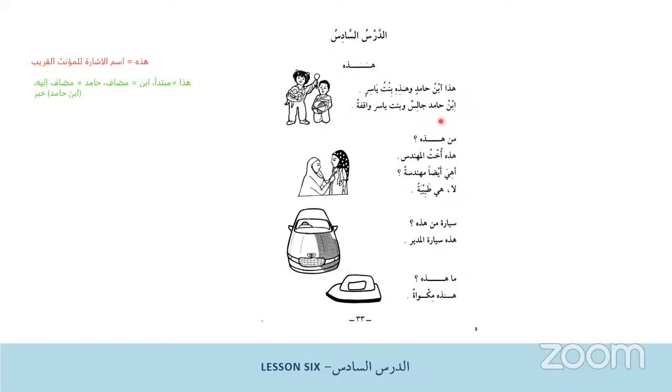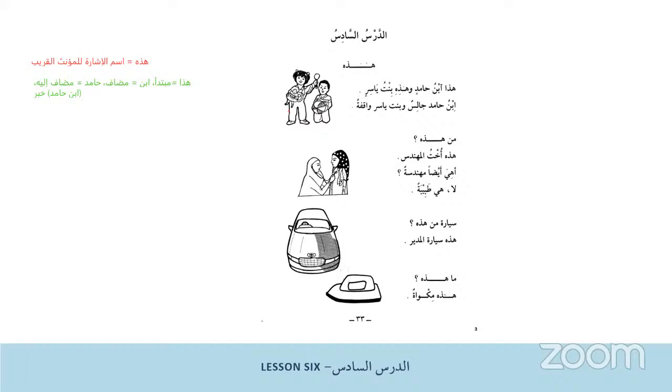Ibnu hamidan, dun or din? Some vowels are missing intentionally. Okay, so let's just try to point these out. Din. Okay, why is it din? Because it was part of our deen. Hamidin, mudaf ilayh, mashallah.